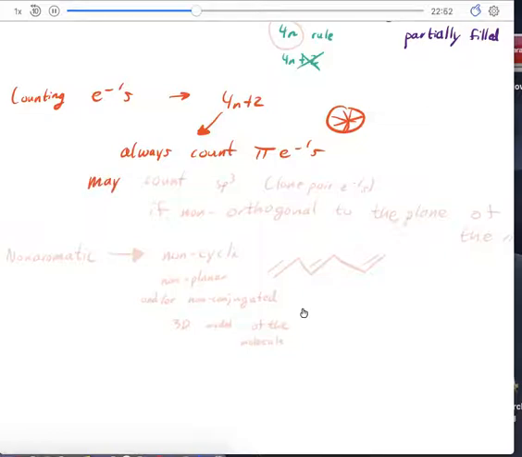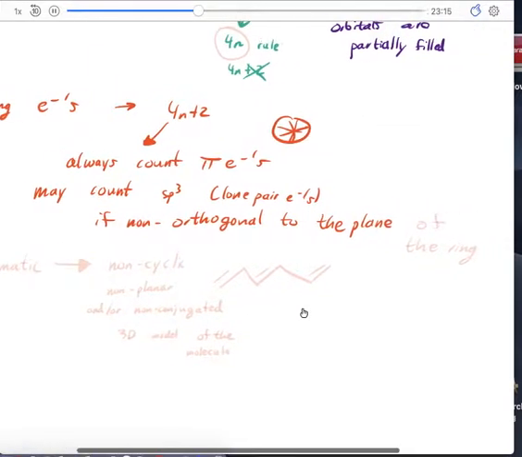You may count, or you might count sp3, or we'll say lone pair electrons if they are non-orthogonal to the plane of the ring.